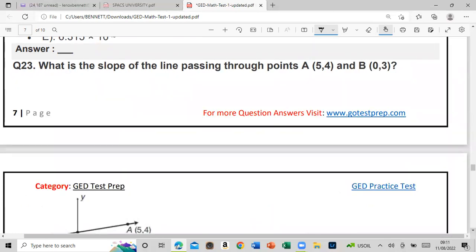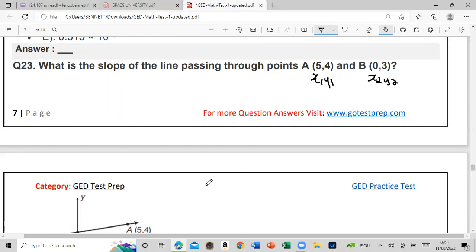What is the slope of the line passing through the points 5, 4 and 0, 3? So it asks me for the slope, right? So that's the gradient. So we name this x1, y1, x2, y2.